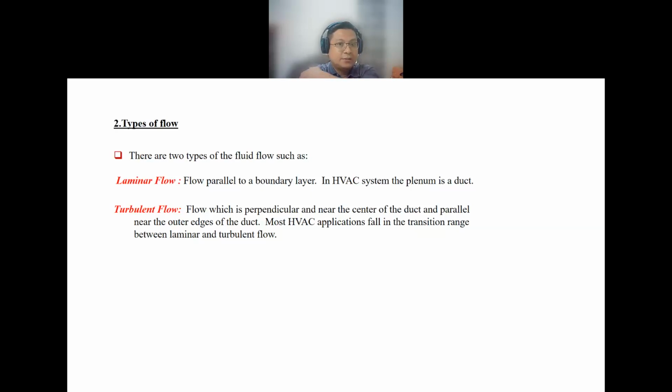Flow parallel to a boundary layer. In a hatchback system, the plenum is a duct. Actually, when we look into the laminar flow, every layer will have similar velocity. That one is considered laminar. But when turbulent, we look layer by layer inside the duct system.